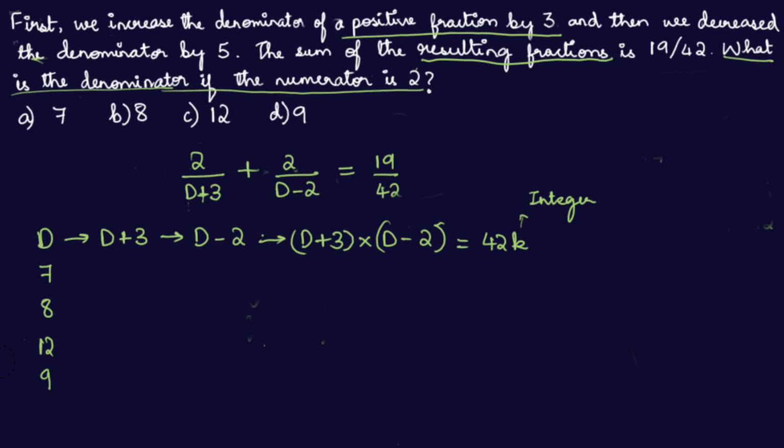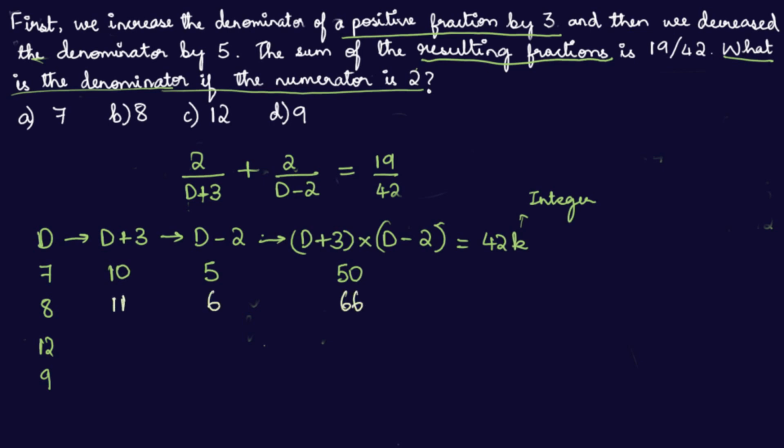With this in mind, let's get down to doing it. So for 7, d plus 3 is 10, d minus 2 is 5. This product is 50. It's not a multiple of 42. For 8, d plus 3 is 11, d minus 2 is 6.